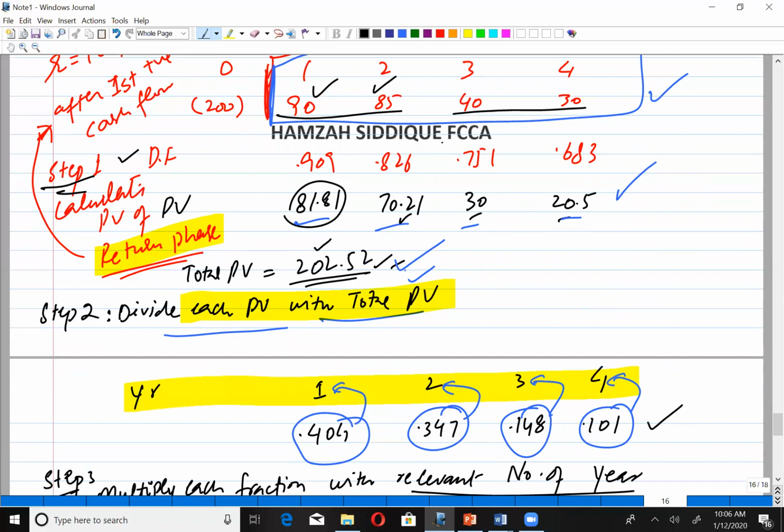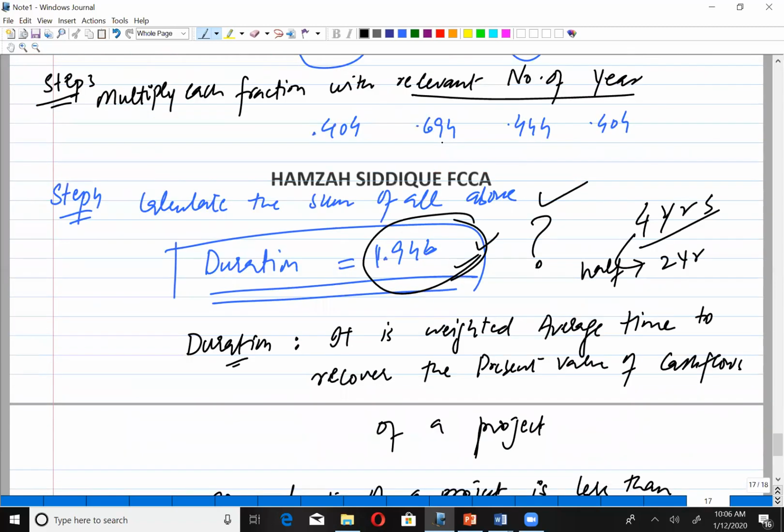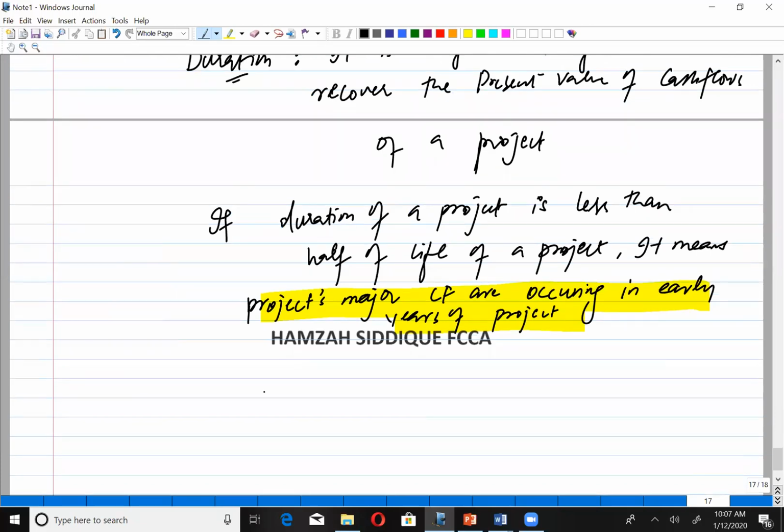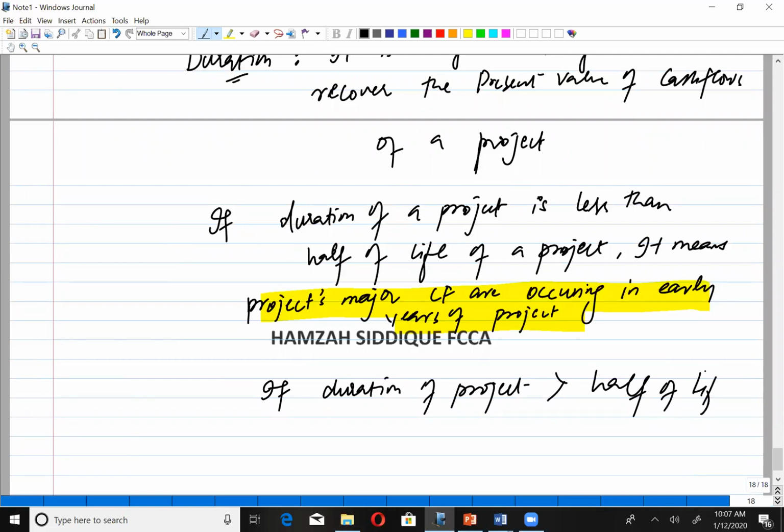Or if the duration of a project is greater than half of the life of the project, what does it mean?